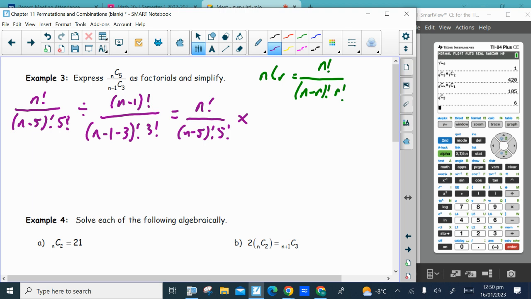To divide by a fraction, multiply by the reciprocal. So the denominator, which will become n minus 4 factorial times 3 factorial, will go on top. And on the bottom, it'll be my n minus 1 factorial. So this is what I now need to simplify.